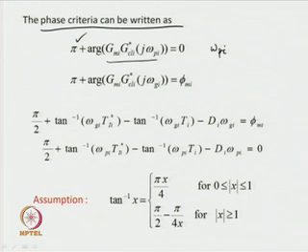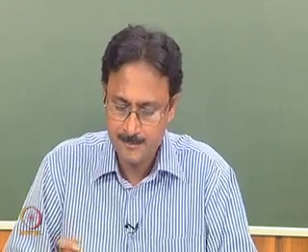So, this is the loop gain in the frequency domain. The angle of the loop gain at the phase crossover frequency plus π must be equal to 0, because the phase crossover frequency refers to a point on the negative real axis where the angle is minus π.